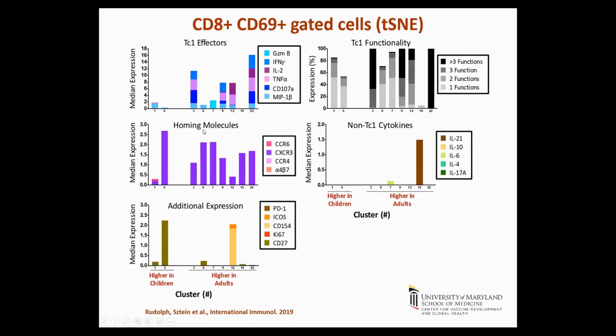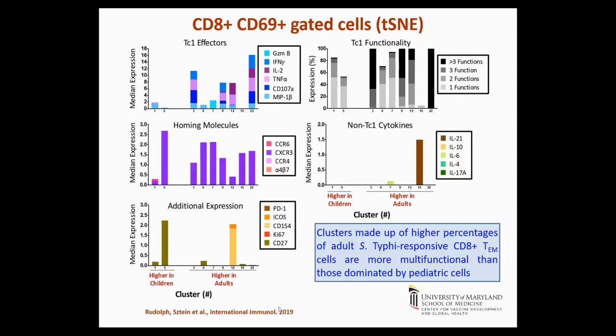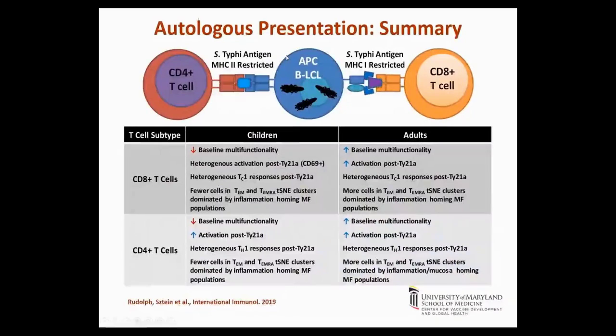And we also studied homing molecules, other non-cytotoxic cytokines, and other molecules that are important in cell activation, all concomitantly. So we could characterize in great detail the different clusters and their levels of functionality.